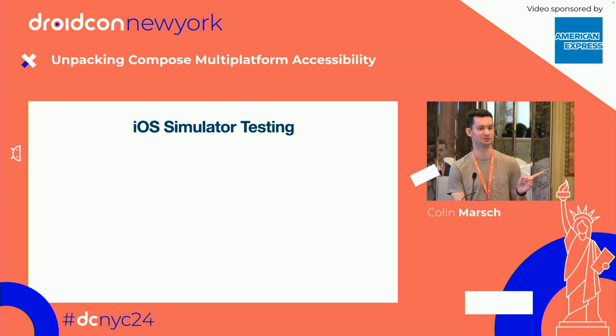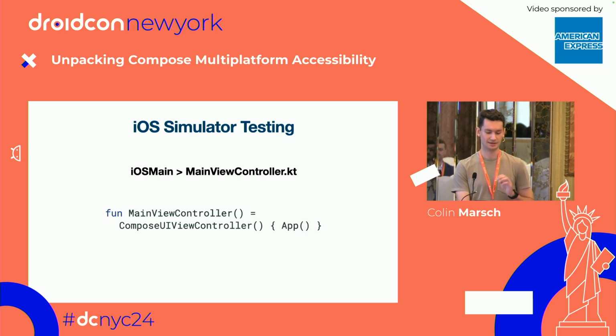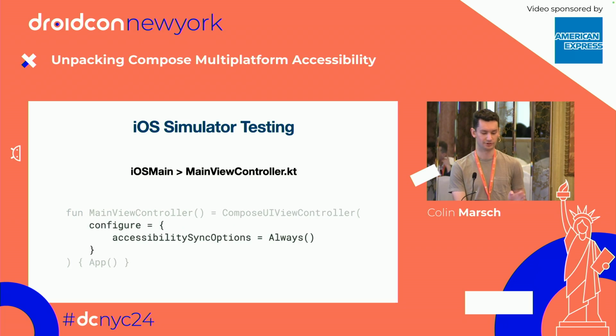And one thing I want to call out for the iOS simulator testing goes back to what I mentioned before about the lazy mapping from the Compose semantics node to the iOS UI accessibility elements. The Compose UI view controller that handles all of the UI construction on the iOS side has a flag you can set for accessibility sync options.